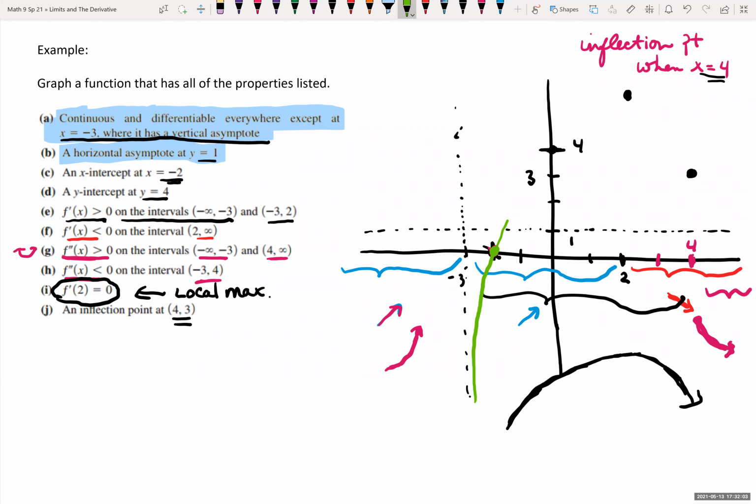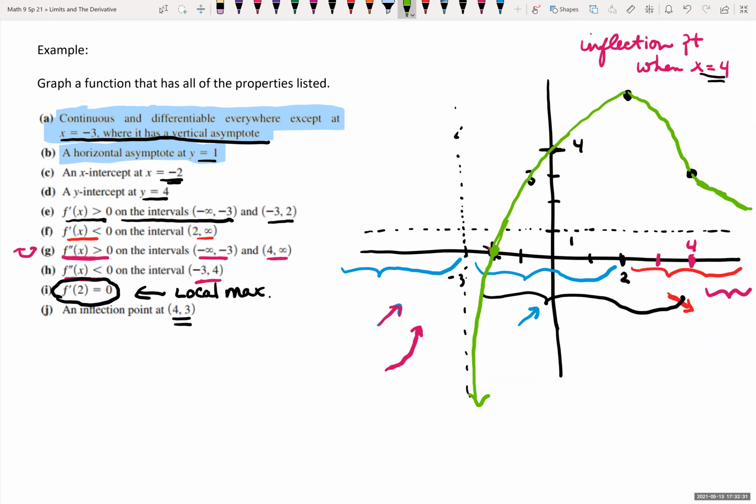We're going to continue concave down, concave down, concave down. We're going to hit our max, concave down, concave down, concave down. At 4, though, we're changing to concave up. Get rid of the pieces that we don't need anymore because we graphed it.